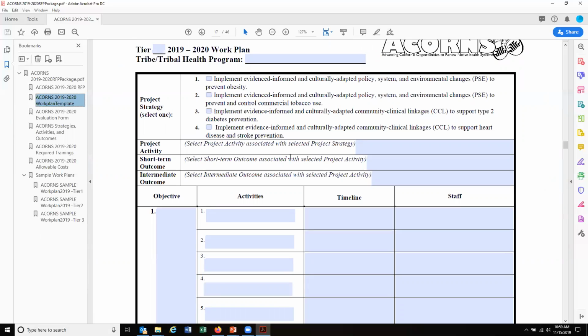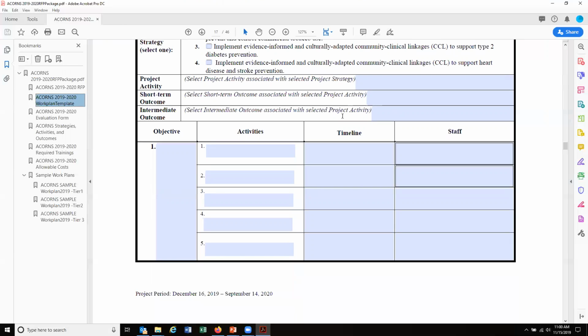Now, these objectives and activities is where you get to be more creative and tailor your selected activity to your community and figure out how you want to increase support for breastfeeding at your clinic or in your tribe, or how you want to improve the food and beverage systems, or how you want to increase the screening rates for people living with diabetes, or how you want to improve the educational opportunities and prevention programs that exist for people at risk for developing diabetes. So these are where you get to fill in your project, basically.